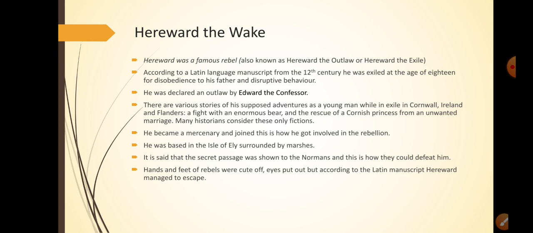And the Normans eventually captured the leaders of the rebellion. Brutally, of course, as they are, they chopped off hands and feet of the rebels. They poked eyes out. The Latin manuscript that I mentioned to you earlier, speaking about Hereward the Wake, says that he escaped. We don't know exactly.